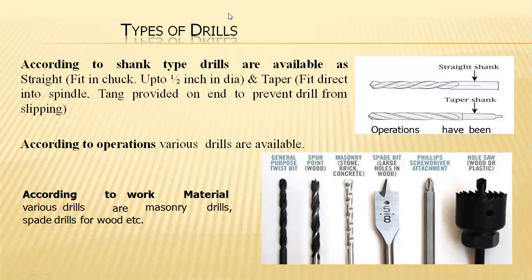Generally, the pictorial representation clearly specifies the general purpose twist bit, and the spur point, which is utilized for operating on wood blocks. Masonry bits are used to work on stones or big concretes.